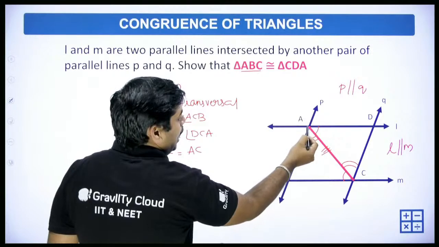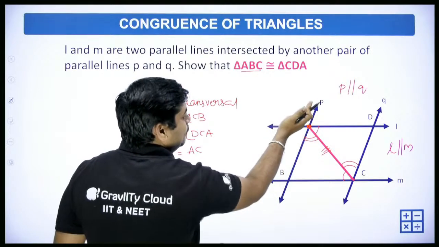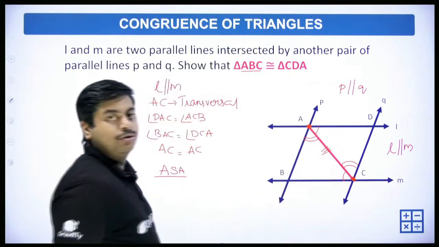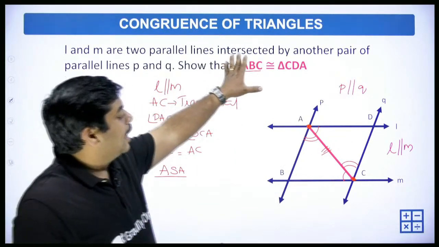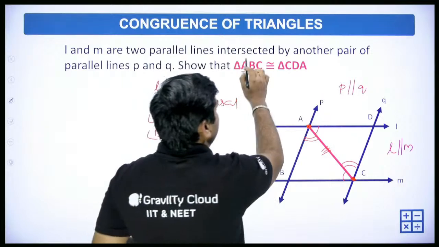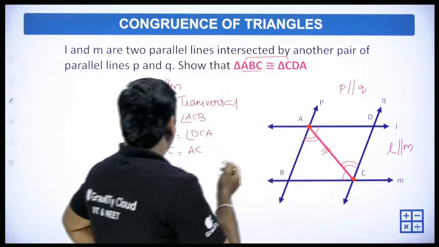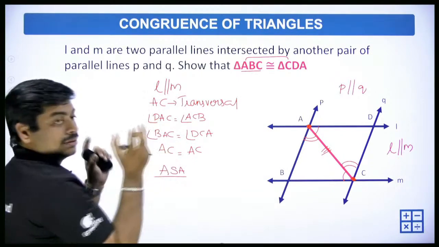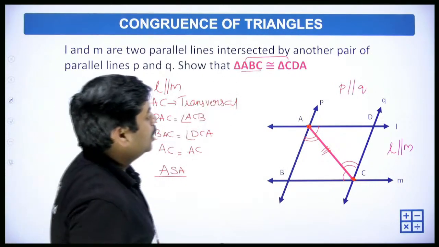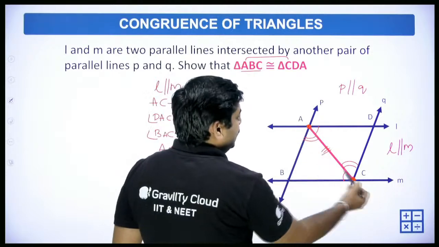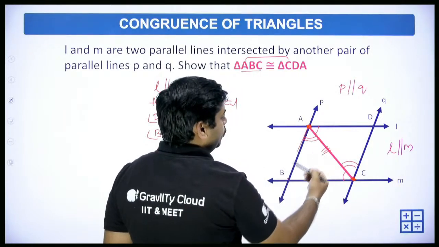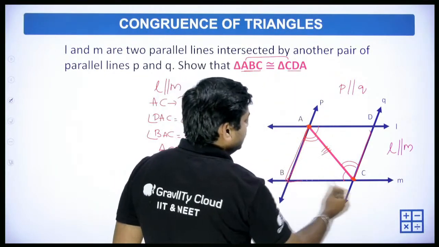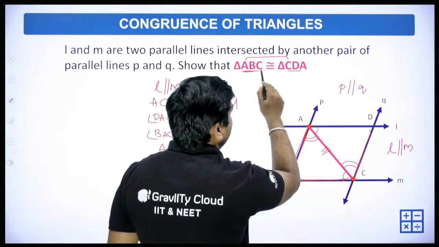Starting with A is the same starting point as C in this triangle, because of the same sides we're talking about, right? So A should be matching with C. We discussed angle DAC, then you can compare the sides. From A we are coming to B, here from C to D. And ABC, CDA.